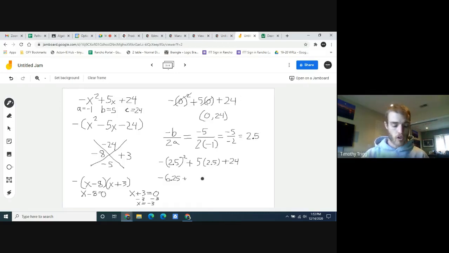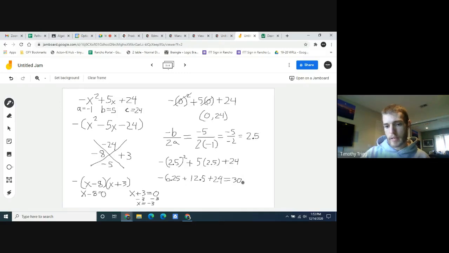Plus 5 times 2.5, which is 12.5, plus 24. So let's add those together: -6.25 plus 12.5 plus 24 gives 30.25.